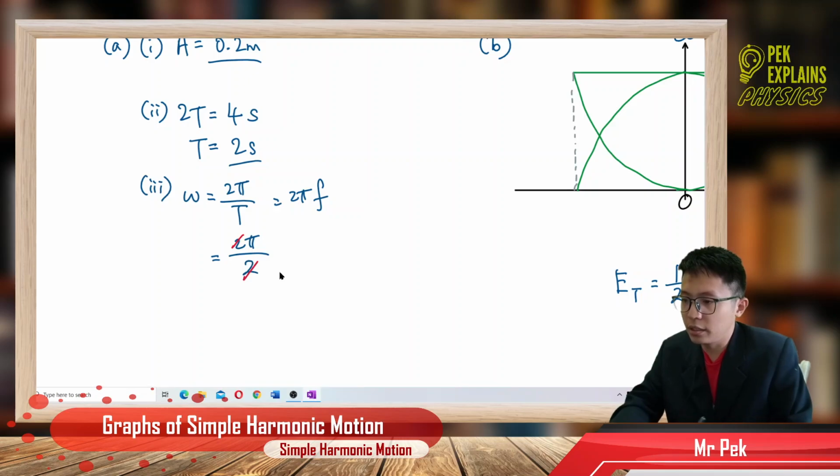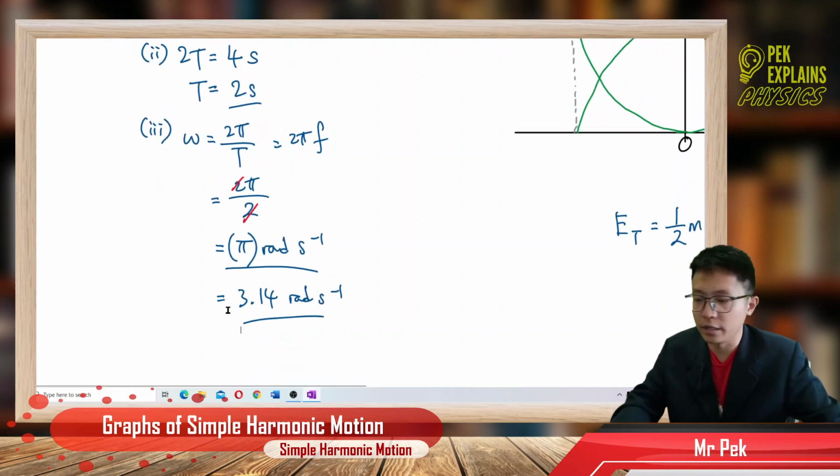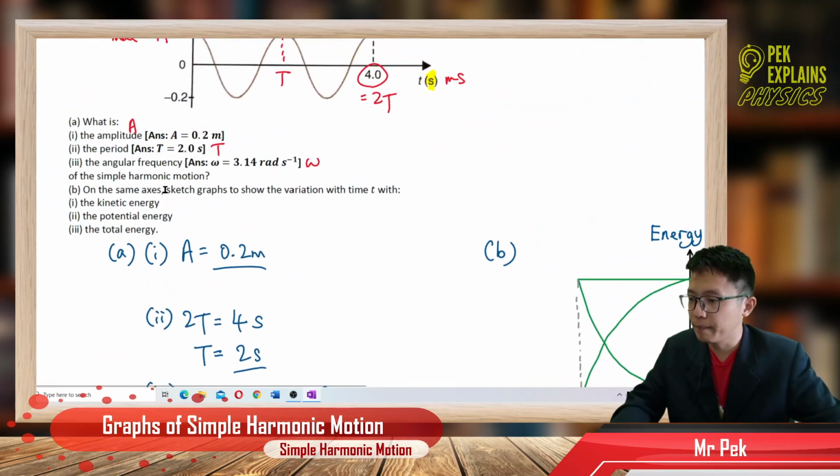So the answer is pi radian per second, or 3.14 radian per second. Okay, we got the omega.